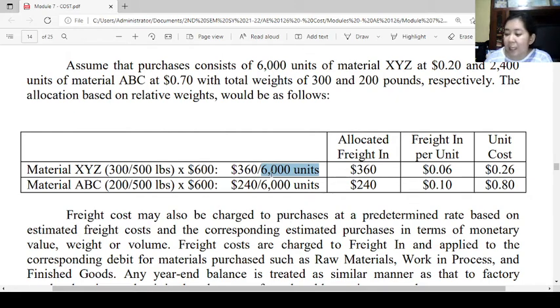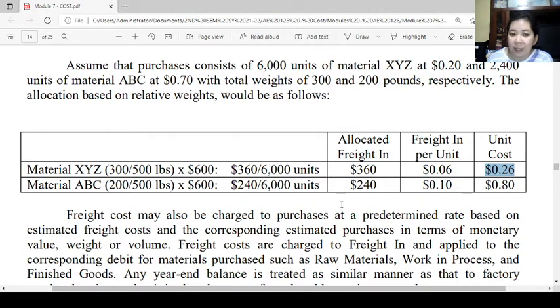In this case, that's 360 divided by 6,000. That's 0.06. Okay, so this will be added to our unit cost. In our illustration, the unit cost for XYZ is 0.20, plus 0.06, it's now 0.26.